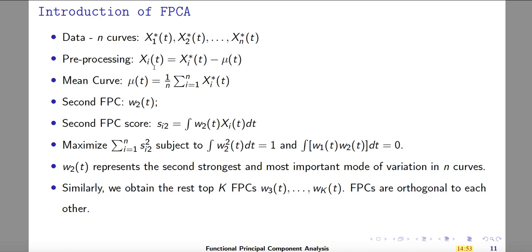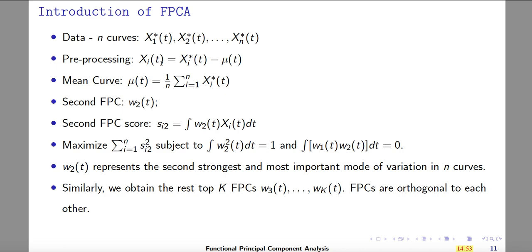The second thing is the connection between functional PCA and multivariate PCA. If you look at the value of Xi of t at any time point, for example for this X curve, we have the value of X1 of t at time 1, time 2, time 3, time 4.